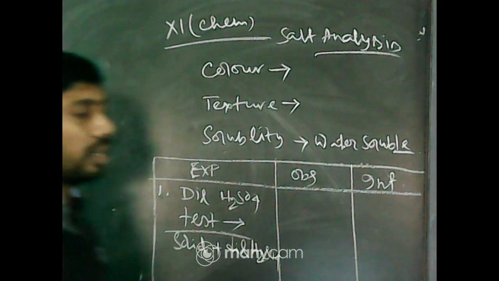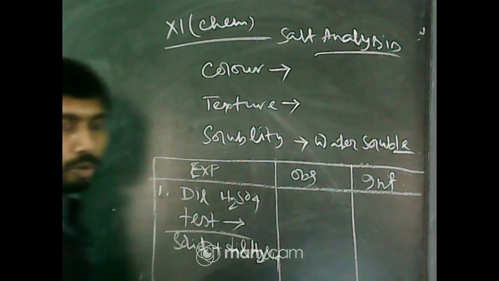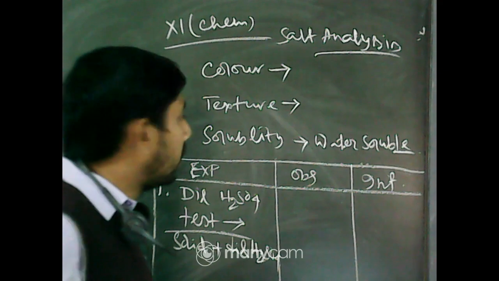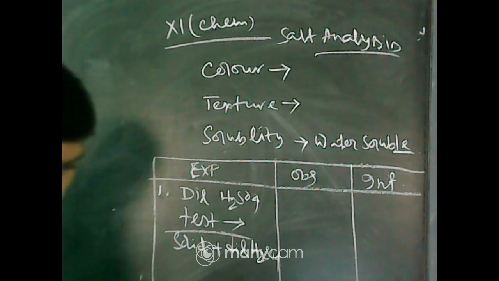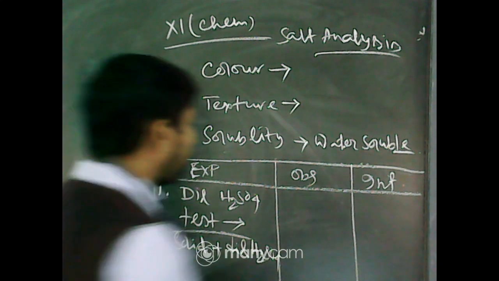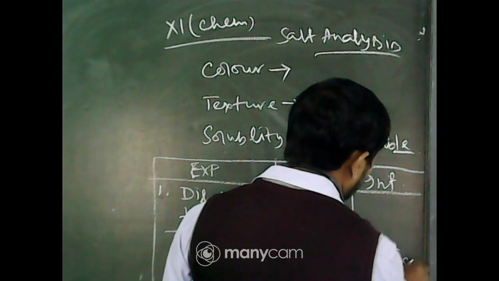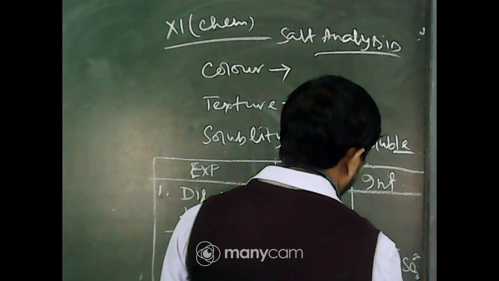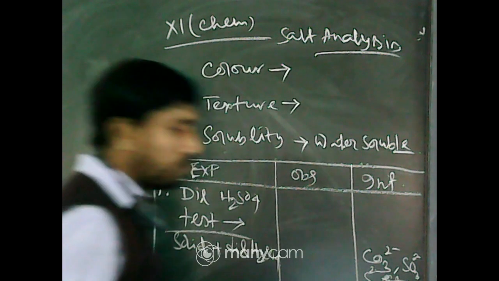So, this smell is unique and we can identify the probability of finding that. Okay. So, first of all, the dilute H2SO4 test. Okay. So, what can be confirmed from there? The presence of carbonate, sulfide, etc. In inference you will write that.